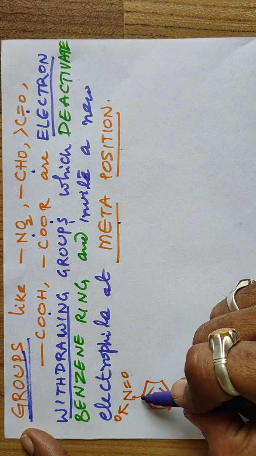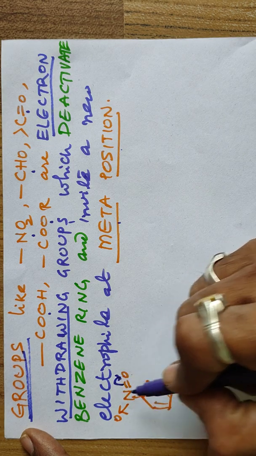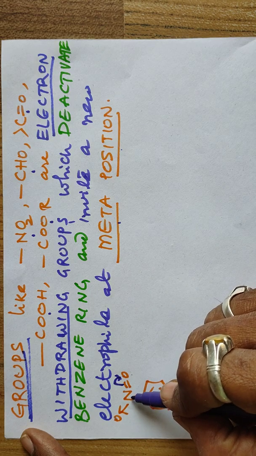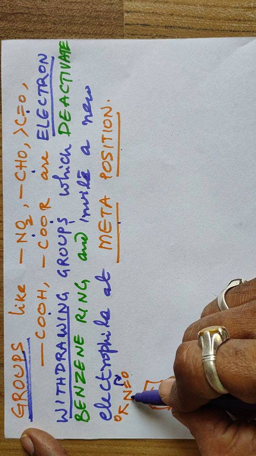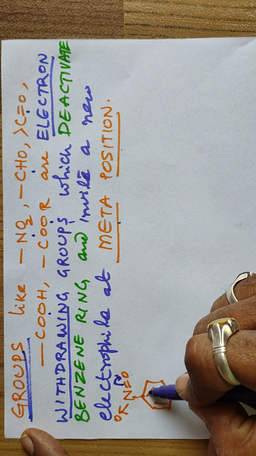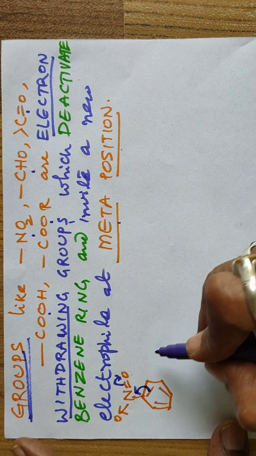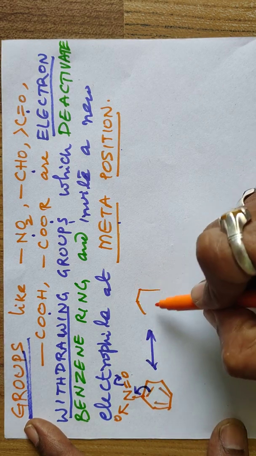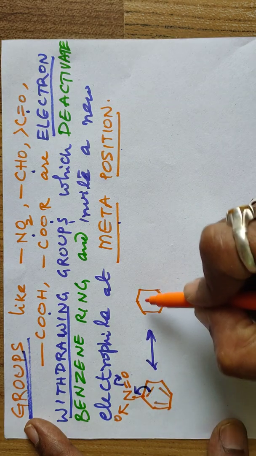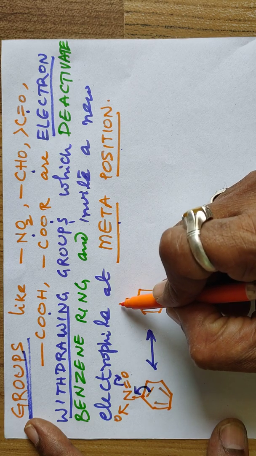What is the influence of the NO2 group on the benzene ring? The electrons of N=O first shift, and nitrogen acquires positive charge, oxygen negative charge. This positive charge is nullified by dragging pi electrons from the benzene ring. And what is the result? The structure is copied. The pi bond between N and O double bond disappears.